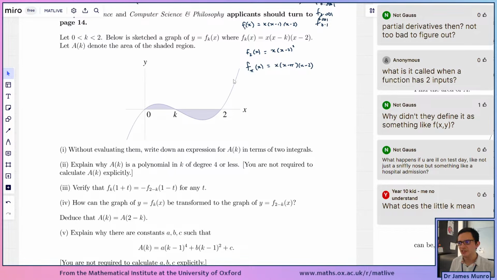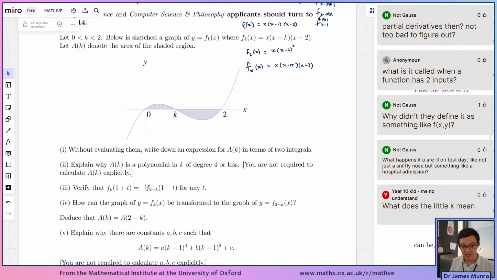It's just take the thing we've been given, x minus k, x minus 2, and just plug in things. So instead of x, I can see down here there's a 1 plus t, and instead of a k, there's a k. So I'll write out the right hand side, but I'll write k for k, and I will write 1 plus t wherever I see x in the definition up here.